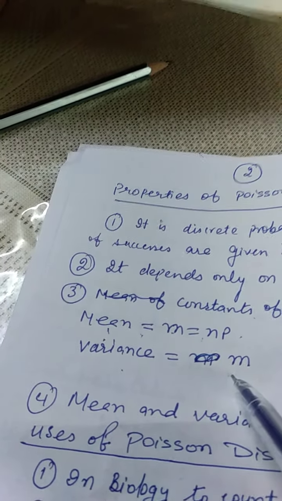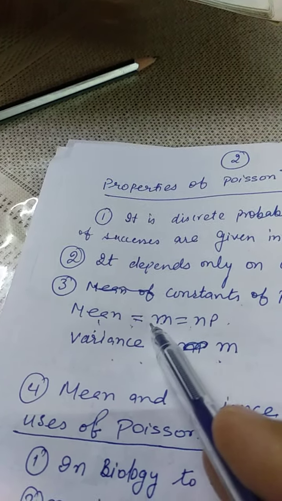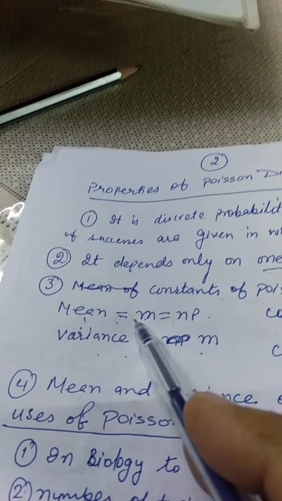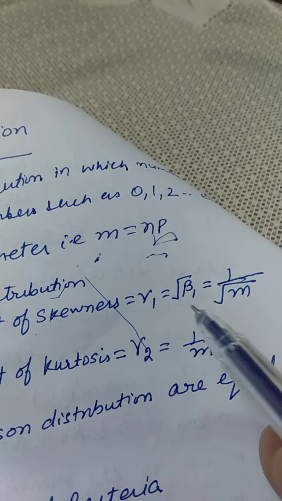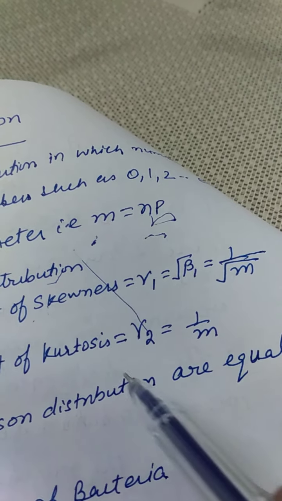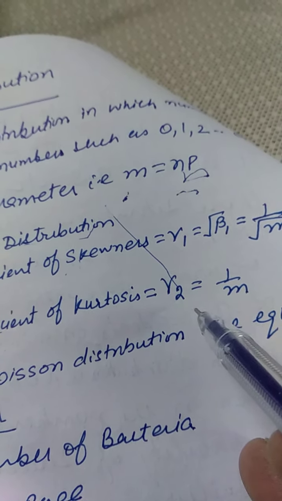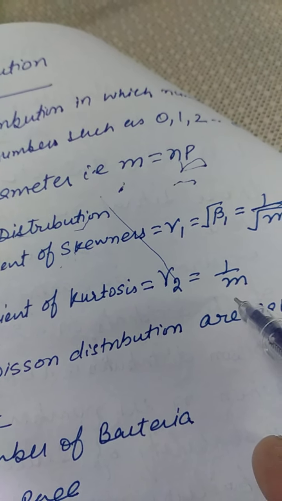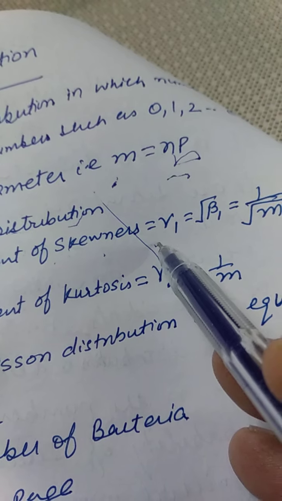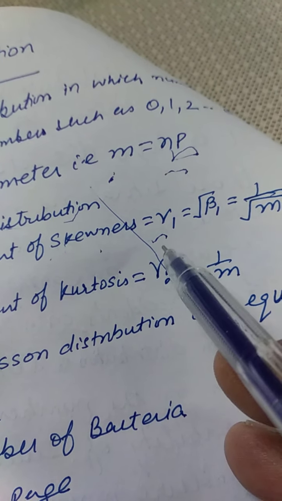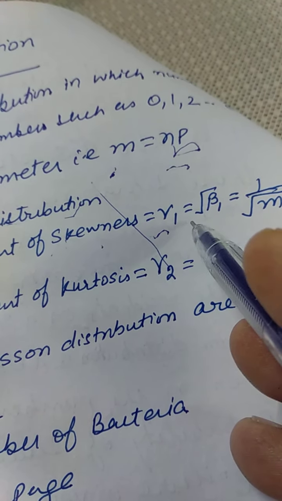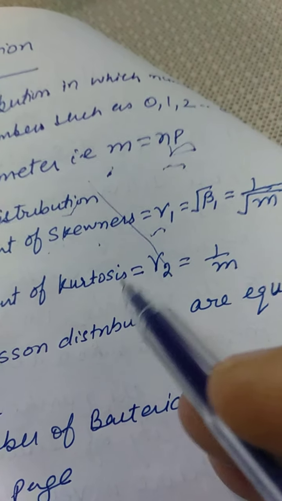The variance is also m. So the mean and variance of the Poisson distribution are equal. The coefficient of skewness, gamma 1, is 1 over under root m, and the coefficient of kurtosis, gamma 2, is equal to 1 over m. Skewness tells you whether the curve is symmetrical or not, and kurtosis tells us the bulginess of the curve.